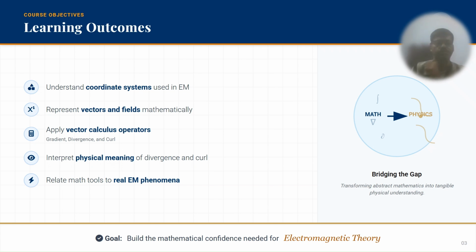What are the learning outcomes of going through these slides or these videos? We can see these are our understanding of the coordinate systems used in electromagnetic fields, how we can use them, how we can represent vectors and fields mathematically, apply vector calculus operators, and interpret the physical meaning of divergence and curl.